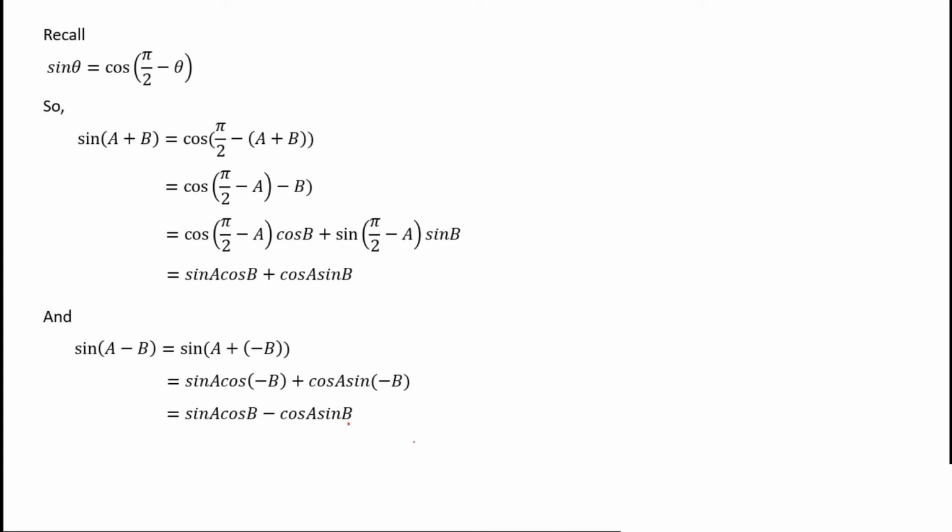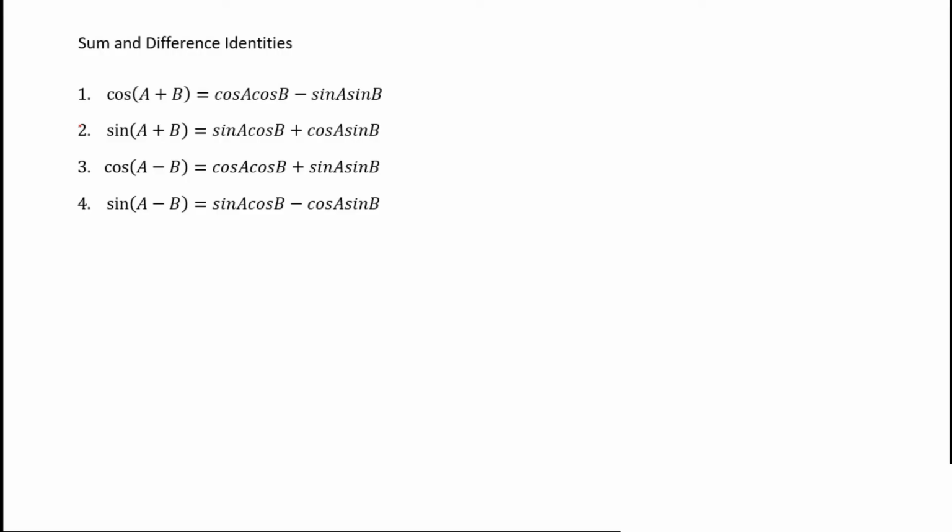So let's summarize the sum and difference identities. Cosine of the sum of two angles goes to the cosine of the first angle times cosine of the second angle minus the sine of the first angle times sine of the second angle. And the sine of the sum of two angles, you get sine cosine plus cosine sine. We've got a couple things to keep in mind.